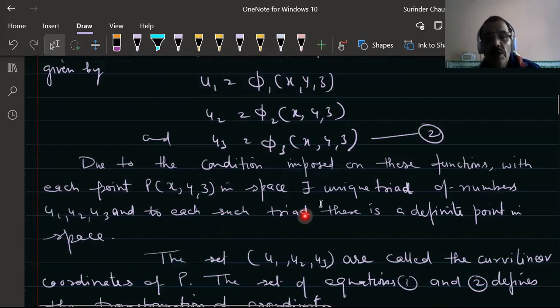Due to the condition imposed on these functions, with each point P with Cartesian coordinates x, y, z in space, there exists a unique triad of numbers u1, u2, u3 for each point in space.